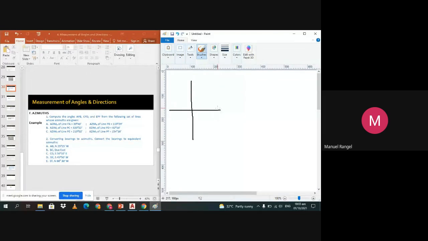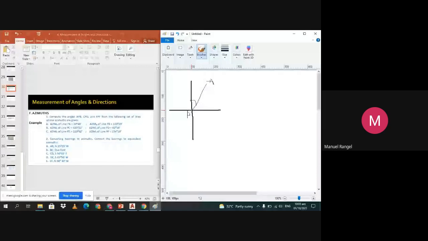So this is point A, this is point B. This is the azimuth, 39 degrees.